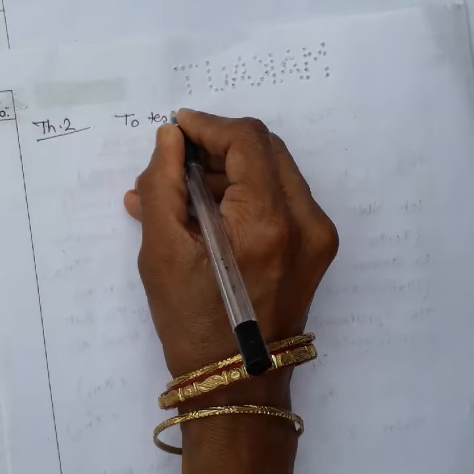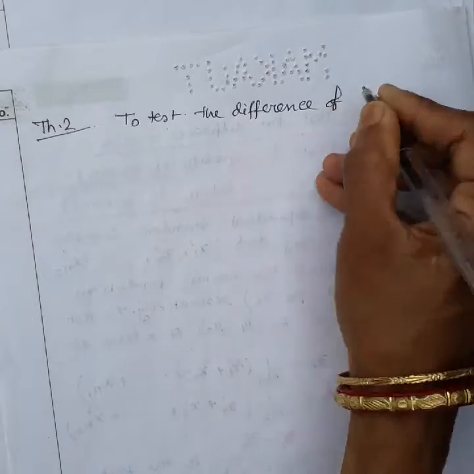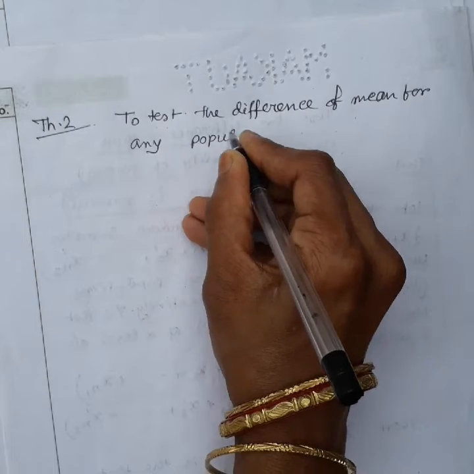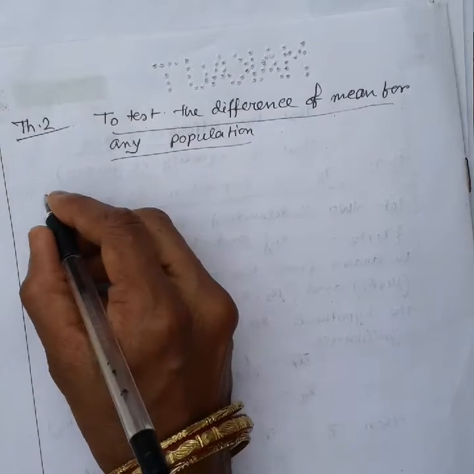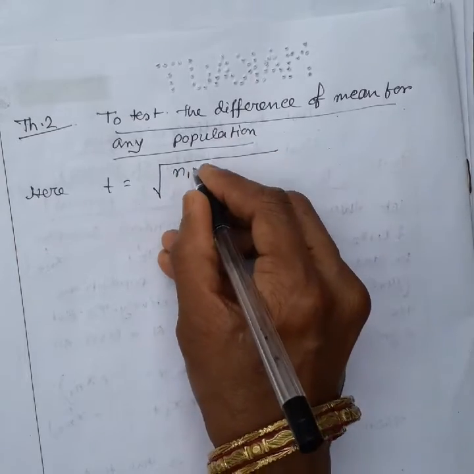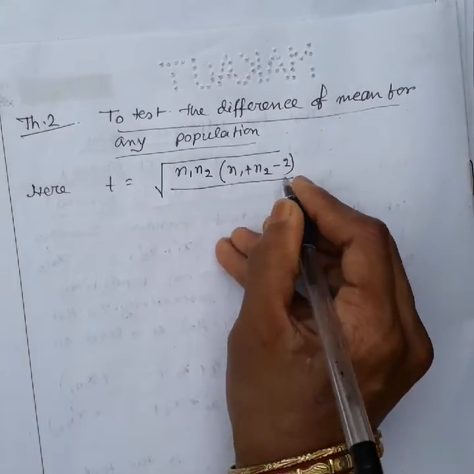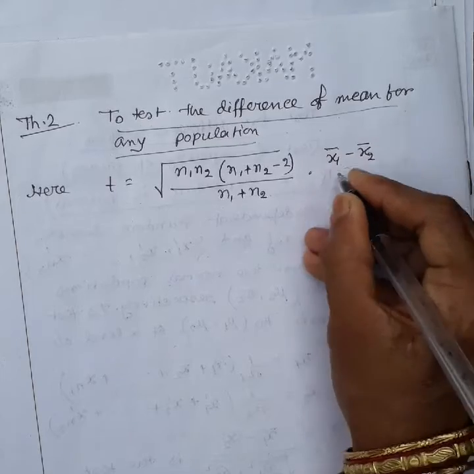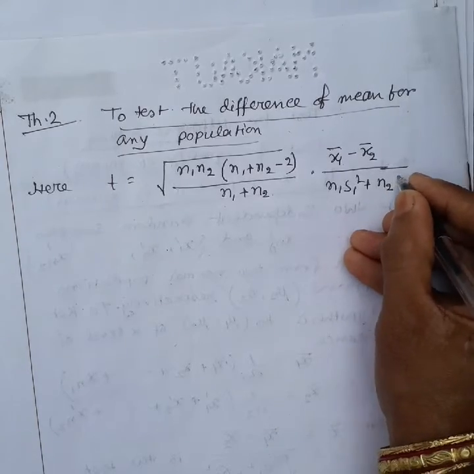To test the difference of means for any population, here t is equal to root over of n1 into n2 into n1 plus n2 minus 2 by n1 plus n2, into x1 bar minus x2 bar by n1 into s1 square plus n2 into s2 square.